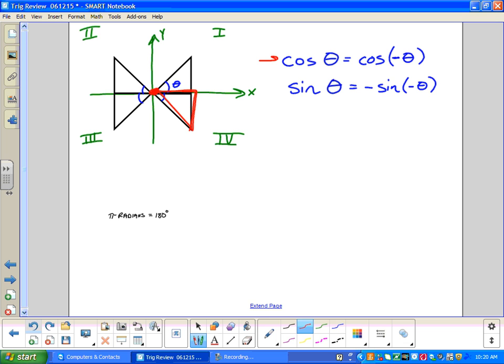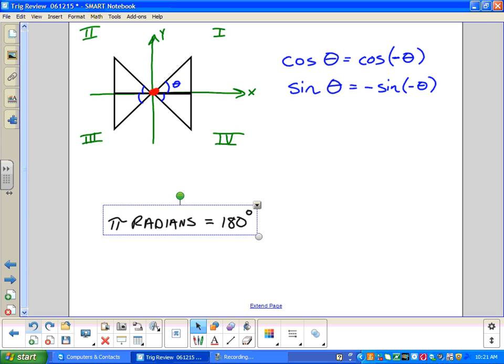So the first line is that cosine in quadrant 1 and 4 are the same. Likewise, the only difference between the sines in quadrant 1 and 4 is the sign. Okay, and again, this should make sense to you. If you need more review on this, you can look it up on the internet. Again, this is a review video to be ready for a placement test.